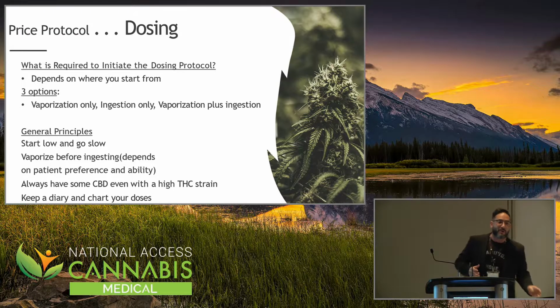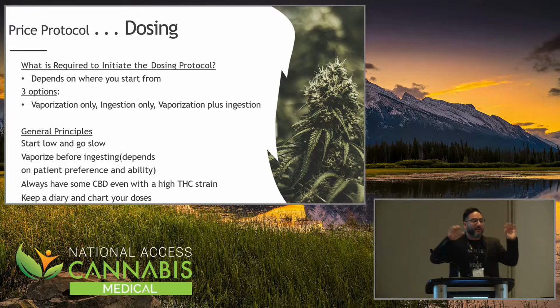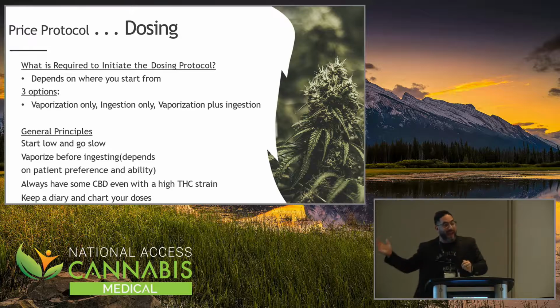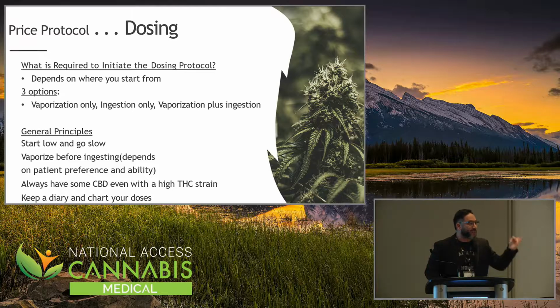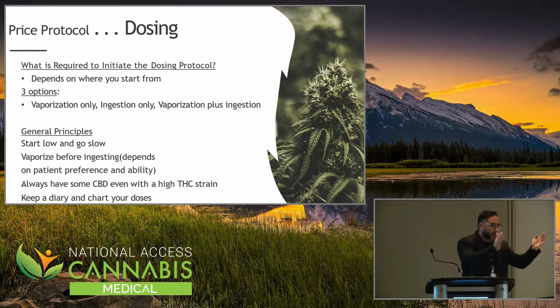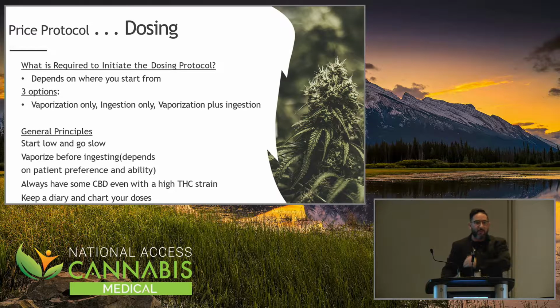So it makes a lot more sense to use something like a 20% THC, even though they're not going to get 200 milligrams at one time. They're going to get 100 milligrams throughout the whole day should they want to use 1 gram a day. Makes a lot of sense because now they can do 4 or 5 therapeutic dosing times throughout the day without having to use a scale because you just split it up into 4 equal parts or 5 equal parts. So it makes life a lot easier, right, if you're using that kind of strain.